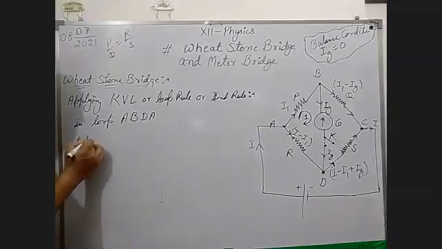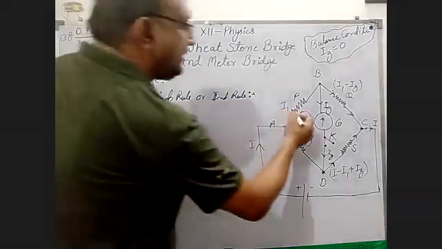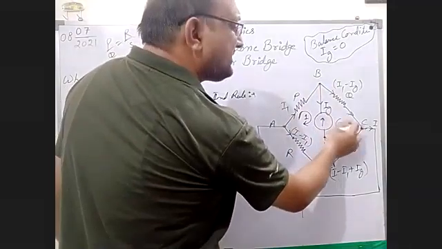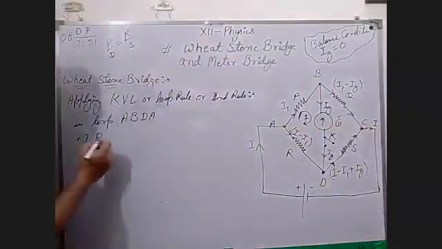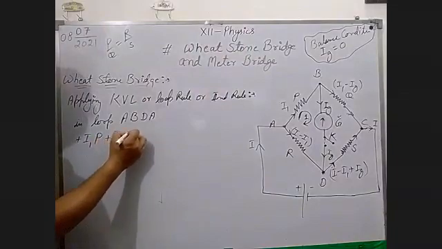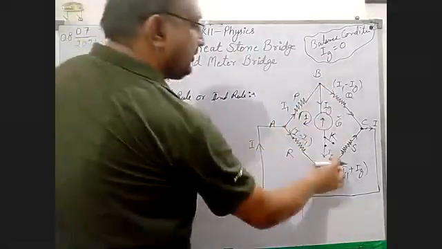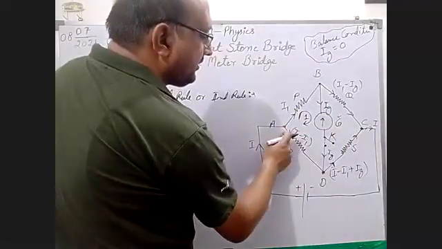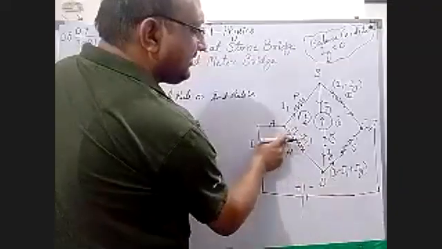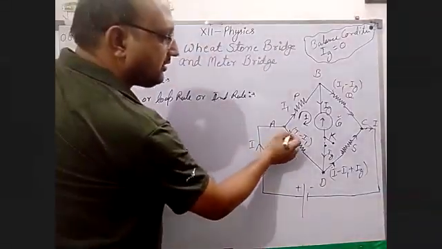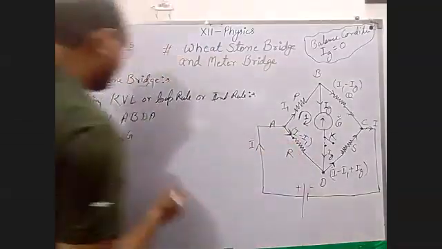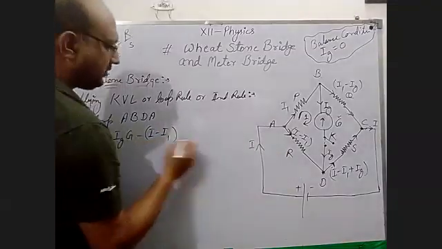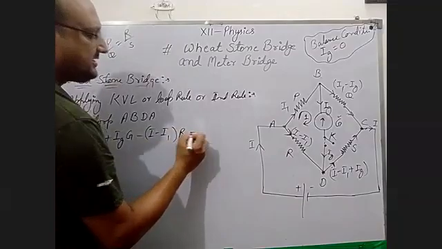Now plus I1P, plus Ig into the galvanometer resistance, you can take G, plus IgG. B to D, this is voltage Ig into G. Now D to A, minus I minus I1 with negative sign because in opposite order, and R is here, so minus I minus I1 into R, and this is equal to the total EMF.